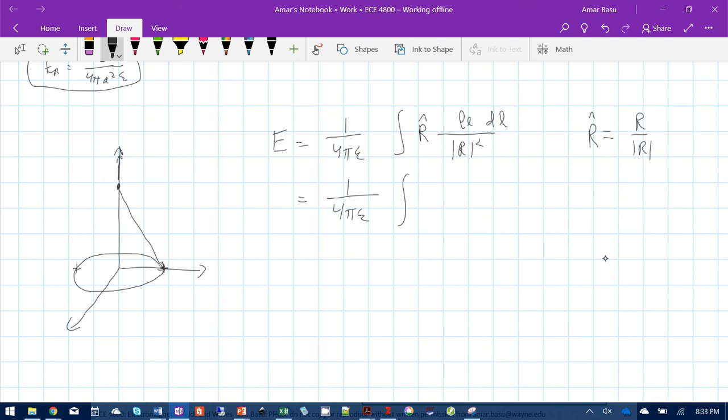So we're going to rewrite this as the vector r over rho L dl over the magnitude of r cubed. Both forms of this equation are equally valid.